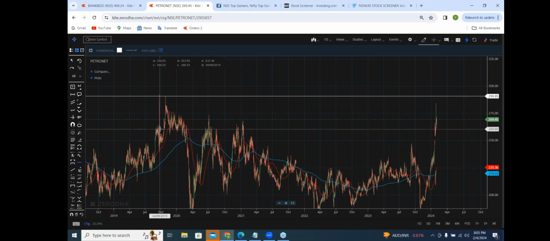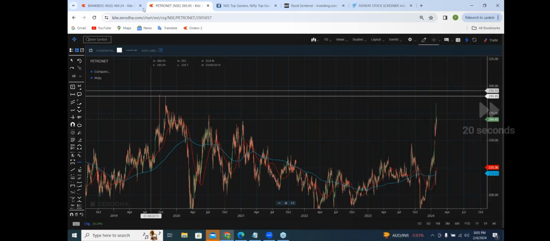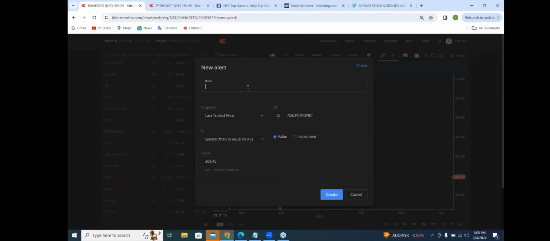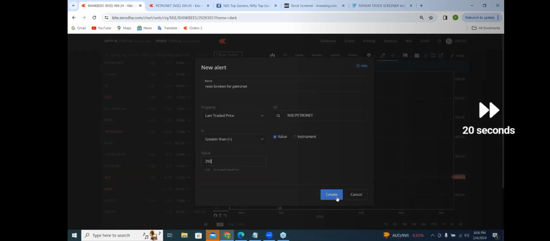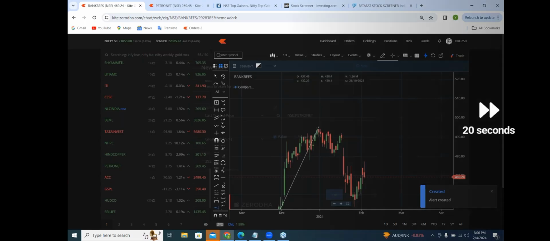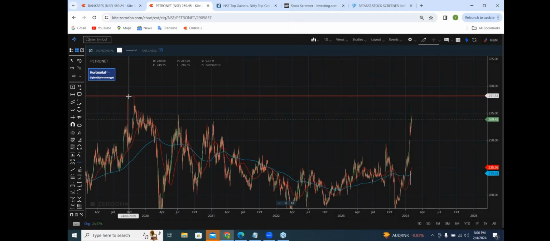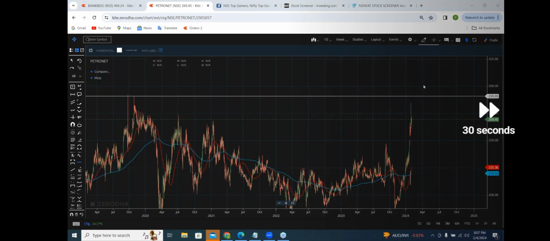The high of this is 250. Even if I forget to look at this particular Petronet later, I've given you an alternative to make money in the index, because you will trade the index.